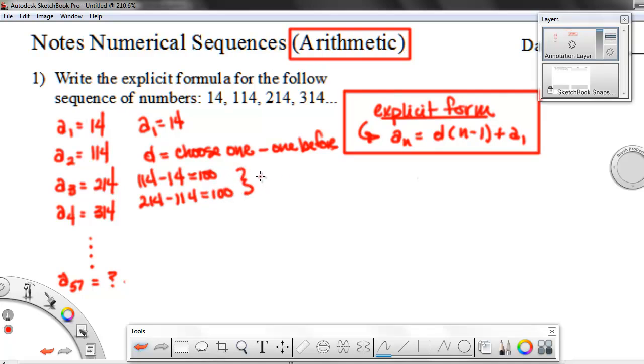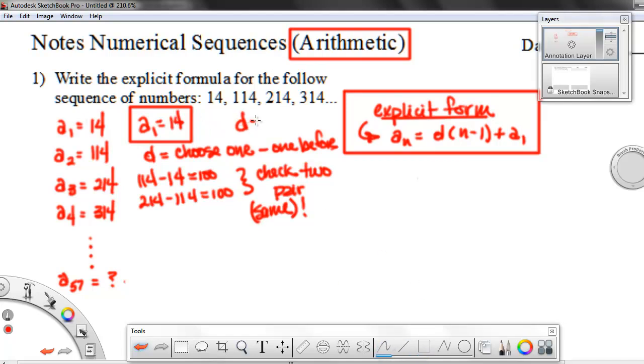So remember, when you're finding the common difference, you always need to check two pairs. And when you check those two pairs, they have to be the same number. Now remember, if they're not the same number, that means you don't have an arithmetic sequence and you can't finish the problem. So now we found a1.